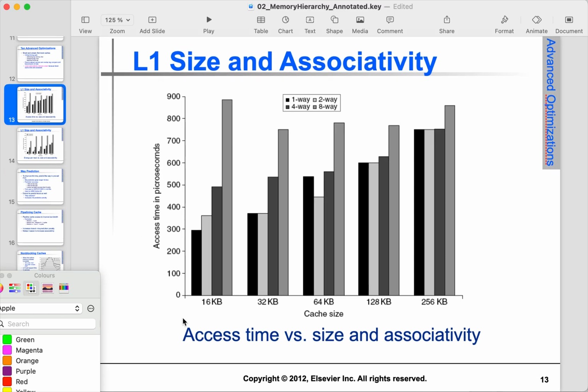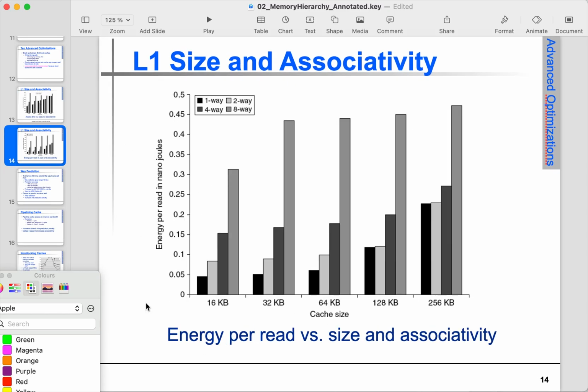The same here. We can see the 8-way is having the highest value for the energy consumption in nanoseconds.